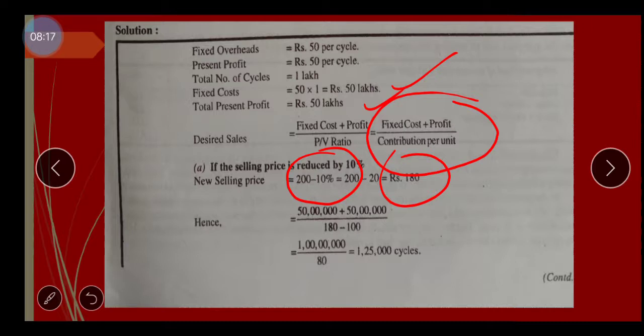Here your variable cost per unit is ₹100. Your selling price is ₹180. No, that is the new selling price. So 1 crore divided by 80 contribution per unit will give you 1,25,000 cycles. Means you want to sell 1,25,000 cycles in order to generate a profit of ₹50 lakhs.